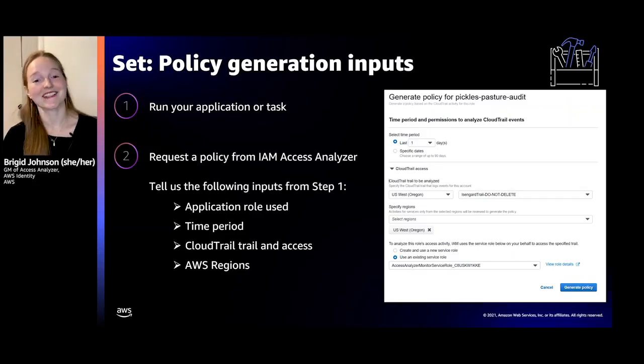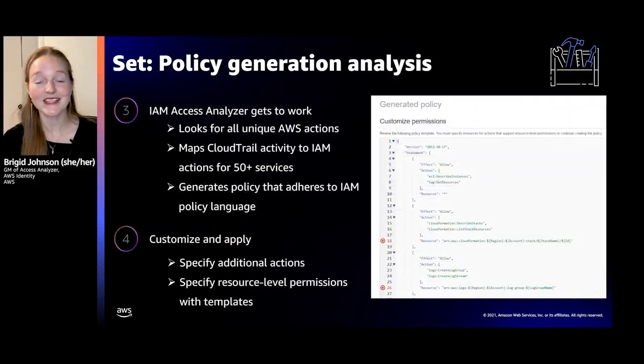All right, and then Access Analyzer gets to work, and this is my favorite part. It goes to your CloudTrail, it looks for all the unique events, and then it takes those events and maps the CloudTrail activity to the IAM action for over 50 services and more on the way. And then it generates a policy that adheres to IAM policy language. We also include any dependent actions that you might need, and we put spots for resources.